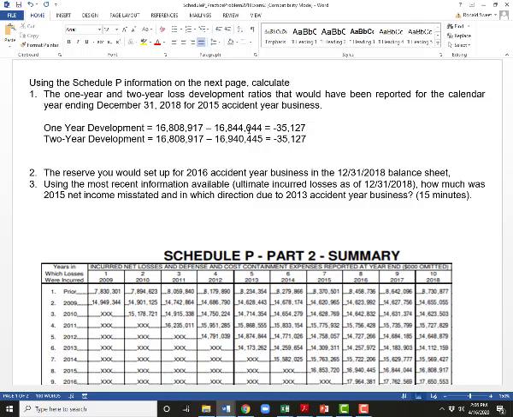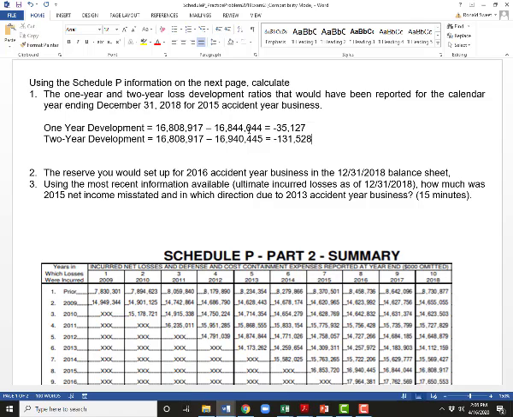Hopefully I get these numbers right. 16,940,445, 16,844,044, and 16,808,917, and so that difference comes out at 131,528, and it's a negative number.